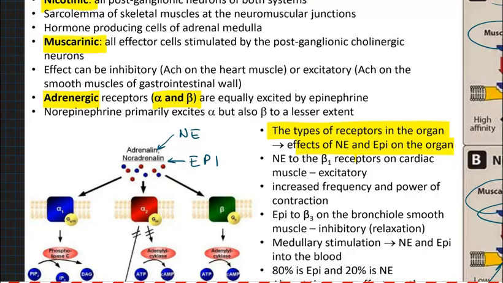Depending on which receptor types and in which ratio you find in a particular organ, that will determine how the organ responds to the stimulation by the epinephrine. Let's say you only have inhibitory receptors, okay? It means that norepinephrine will inhibit that organ. Or you have a bunch of excitatory receptors, it will excite the organ. Making sense?